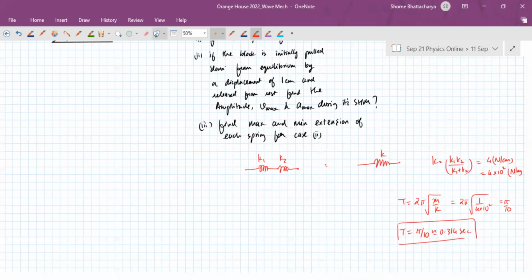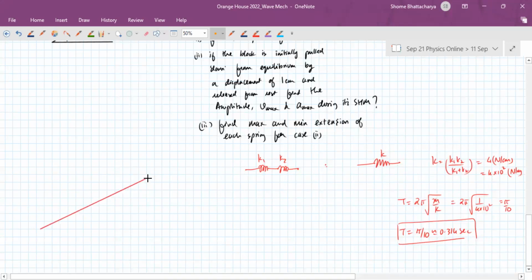However, it can also be derived in this way. First of all, you reduce this to a single spring system. So if the single spring system at equilibrium, where the acceleration is 0, has an extension of x equilibrium, let's say like this.